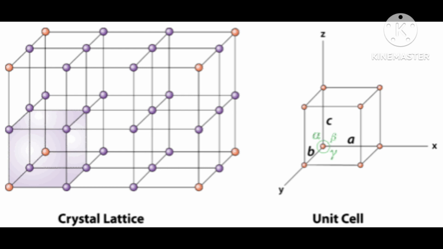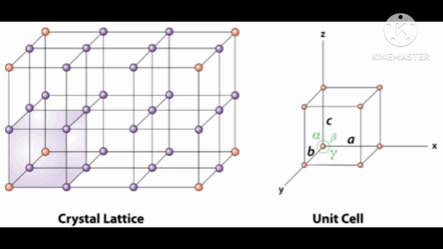Now come to the unit cell. I have already told you, but I am telling you again. A unit cell is the smallest portion of a crystal lattice which, when repeated in different directions, generates the entire lattice.